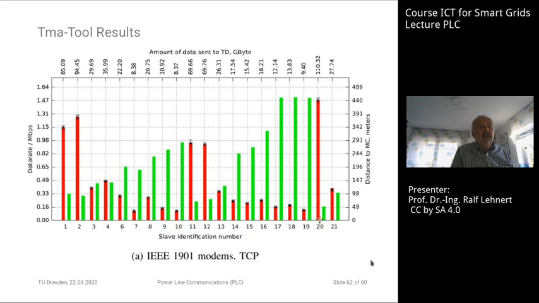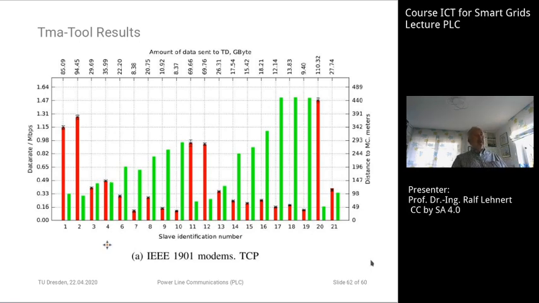The slave number 20, which is very near to the head end, only 50 meters, something like this, gives us 1.5 megabits per second. But there are also quite distant slaves. So a slave with a distance of about 300 meters has only a very low data rate, but there are also some of the more distant ones with quite a reasonable data rate.